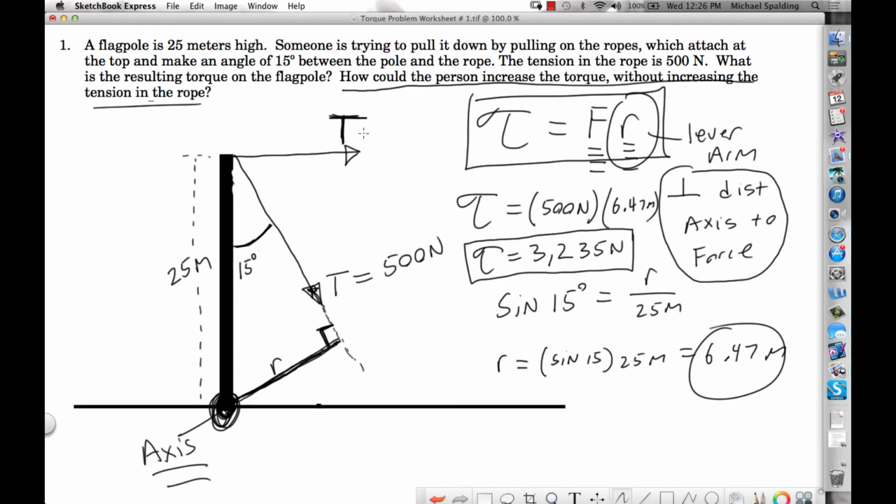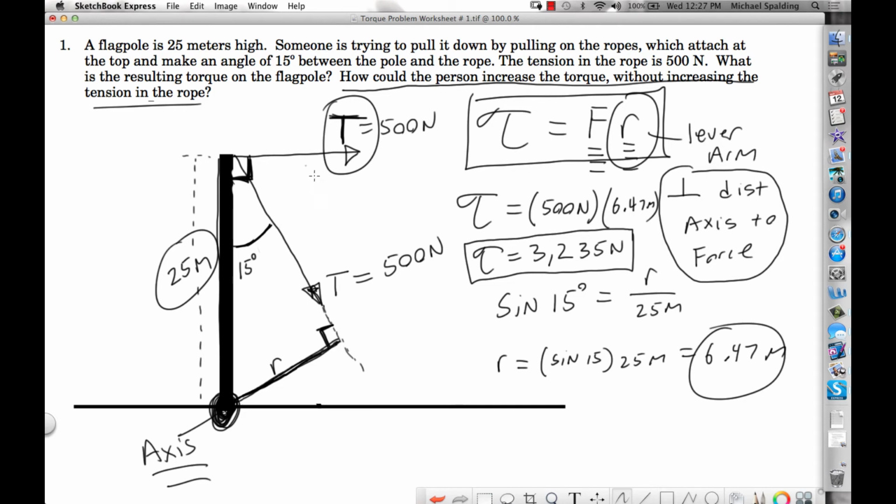What would be the R for this? So that's perpendicular, right? What distance is perpendicular? So axis up to the force, it's perpendicular. What would be the lever arm for that? The 25. So basically, you could increase your lever arm by exerting this 500 Newton force perpendicular to the flagpole.